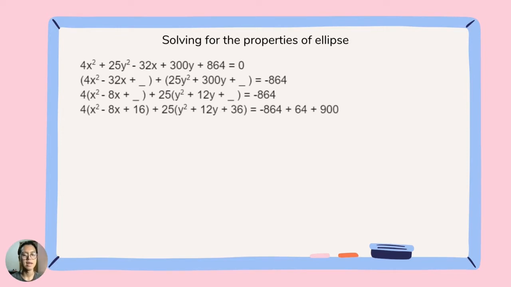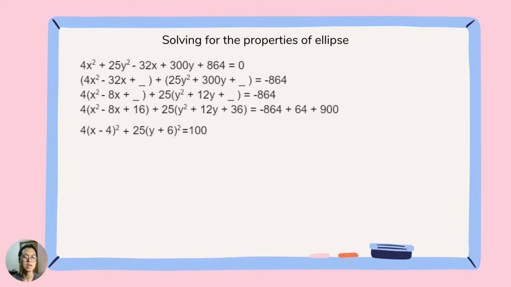So we're going to add 16 and 36, but we must multiply them to the coefficient first. So we have 16 times 4, which equals 64, and then 36 times 25, which equals 900. So we have negative 864 plus 64 plus 900.